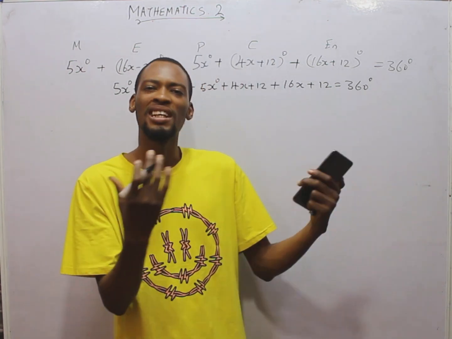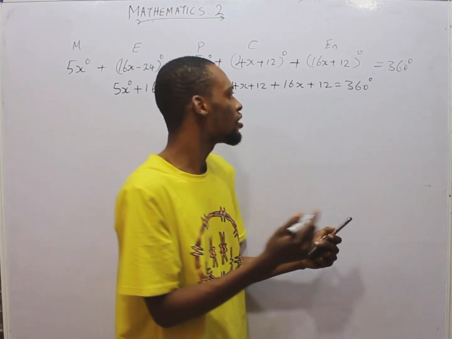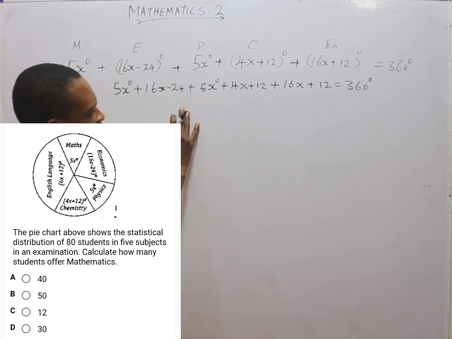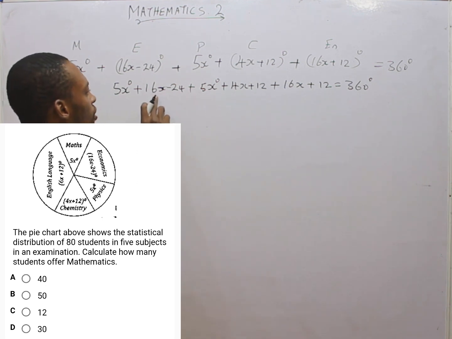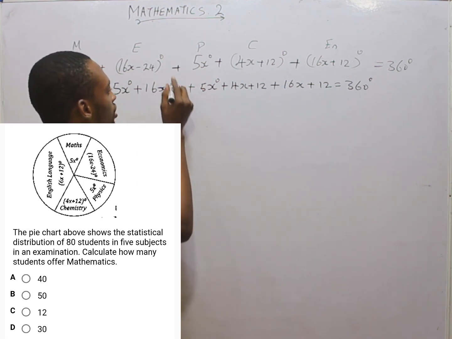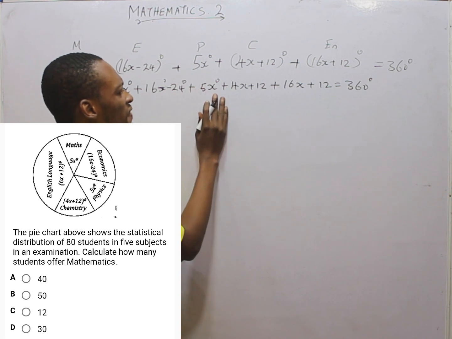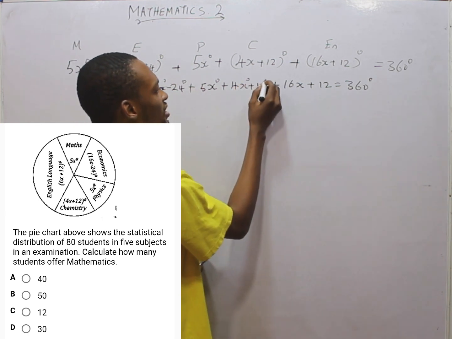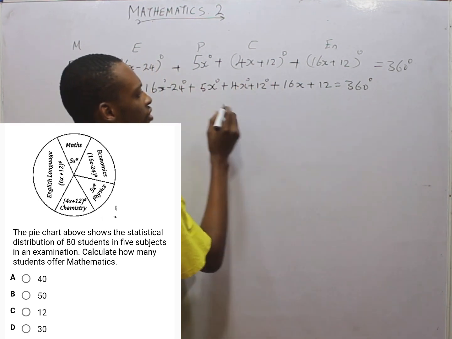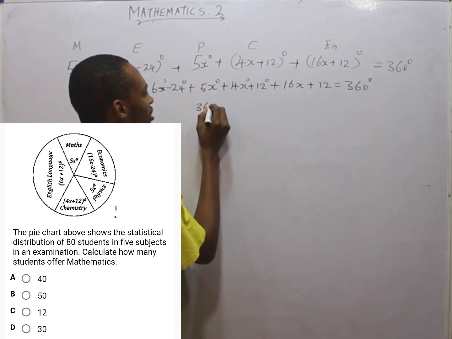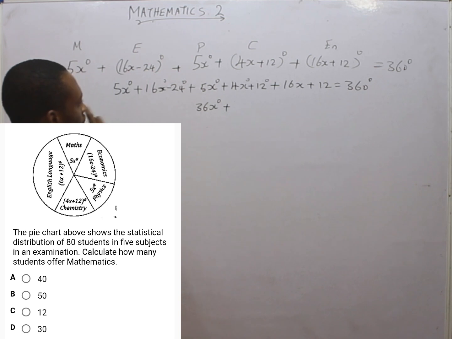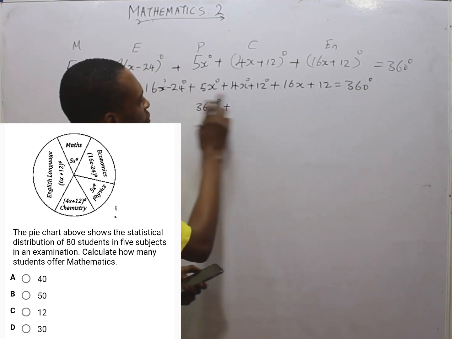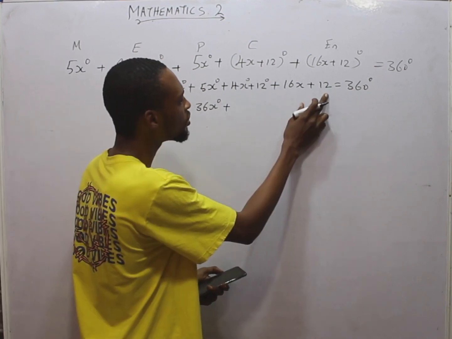So from here, collecting like terms, we have 5s degrees plus 16s degrees plus 5s degrees plus 4s degrees plus 16s degrees. This will give you 36s degrees plus minus 24 plus 12 plus 12.